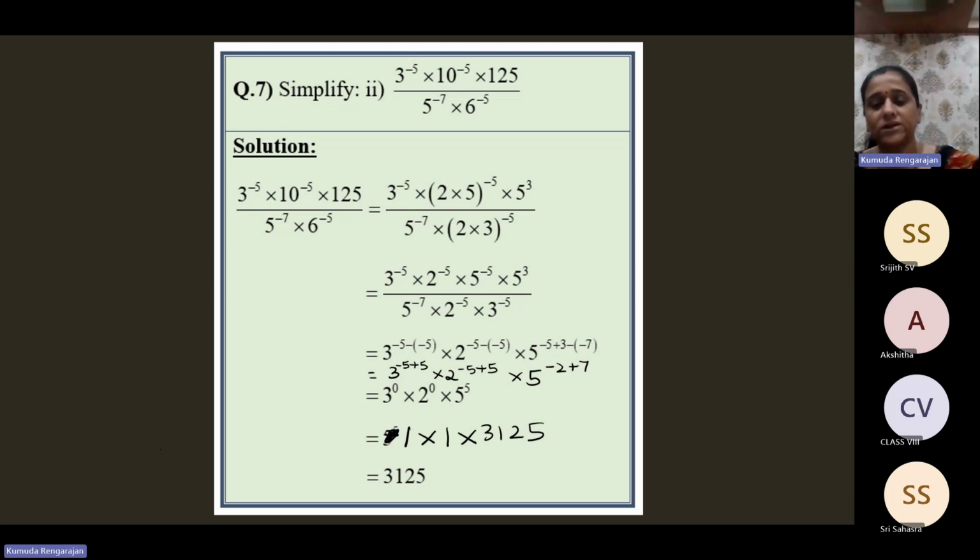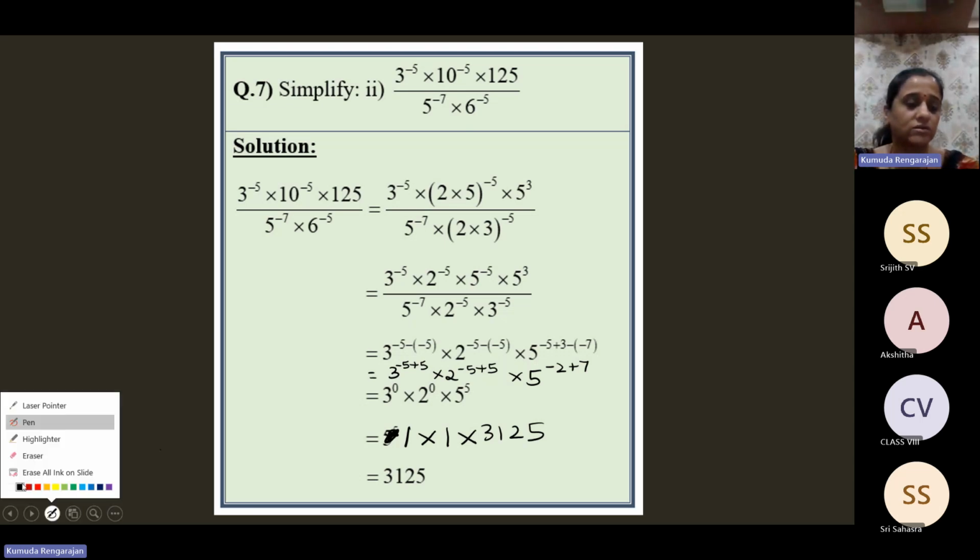All of you must write exactly what you see on the screen. Do not miss any step. Always take down what exactly you see on the screen.